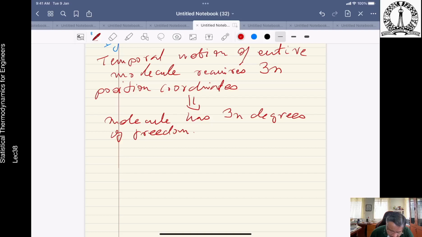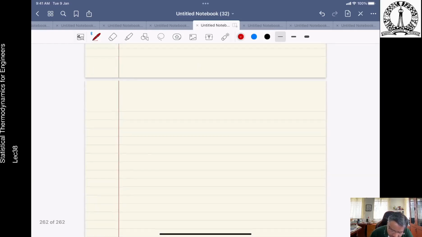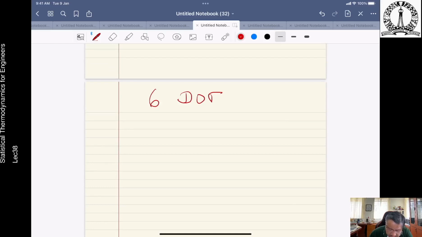Now for a diatomic molecule, where the number of atoms is 2, there would be 6 degrees of freedom. So how are these 6 degrees of freedom allocated?